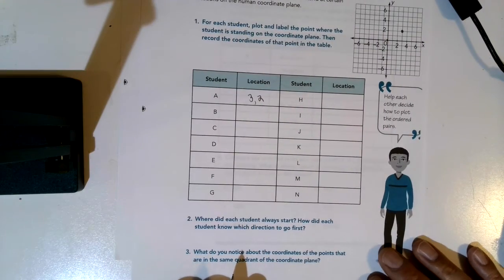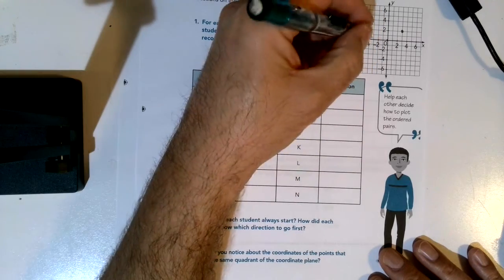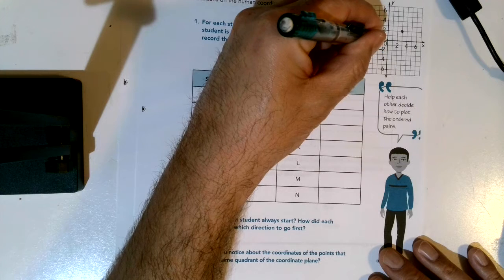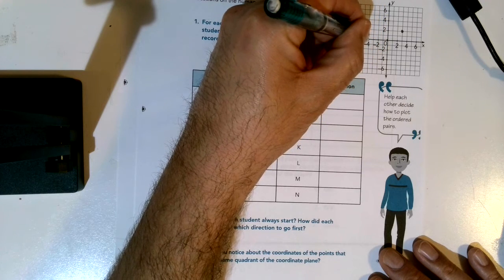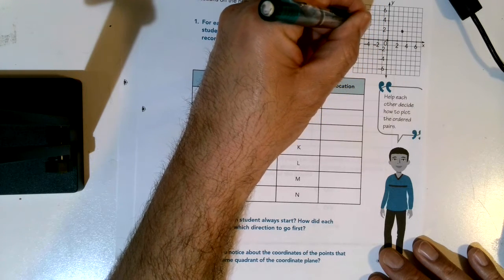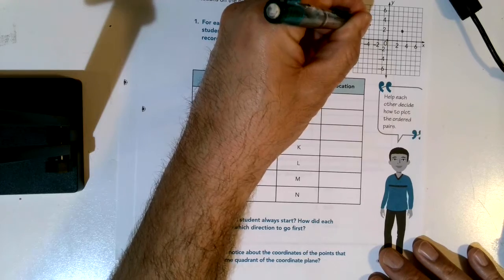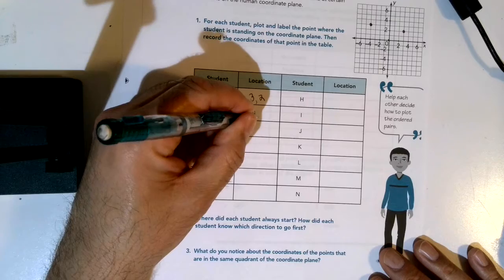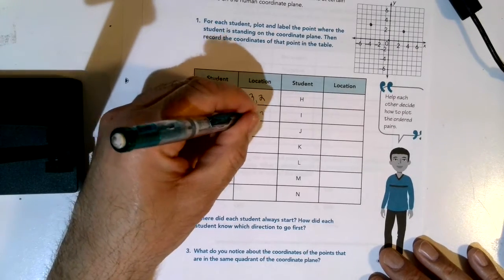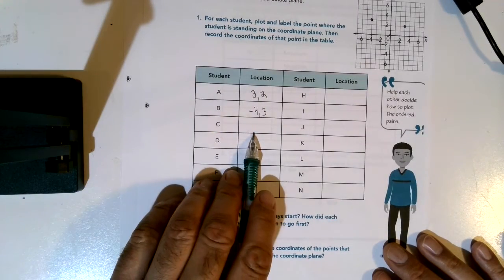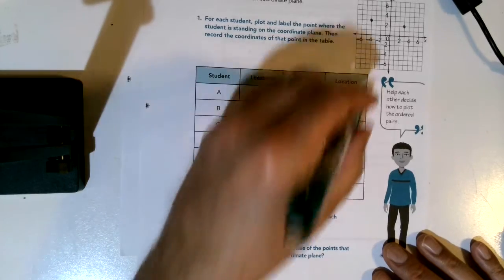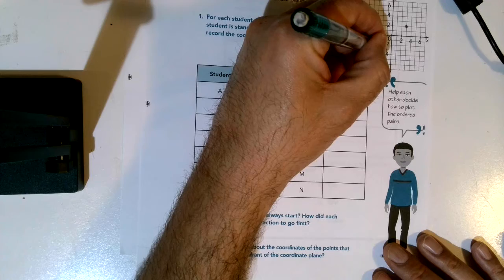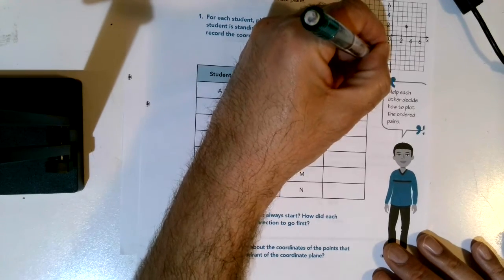And then for student B, I might have said, well, why don't you walk -4, 1, 2, 3, 4, and then +3, 1, 2, 3. So the B would be -4, 3. And then for C, I would say, hey, how about if you walk -2, 1, 2, and -6, 1, 2, 3, 4, 5, 6.